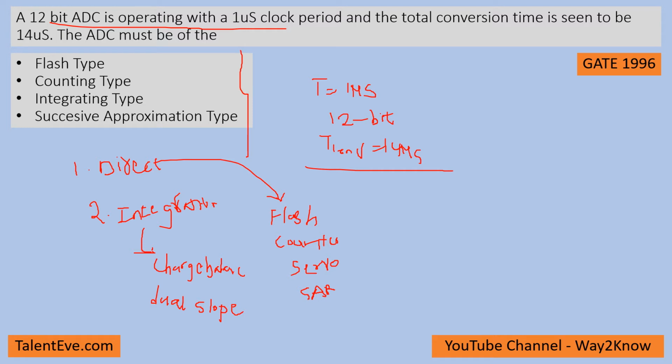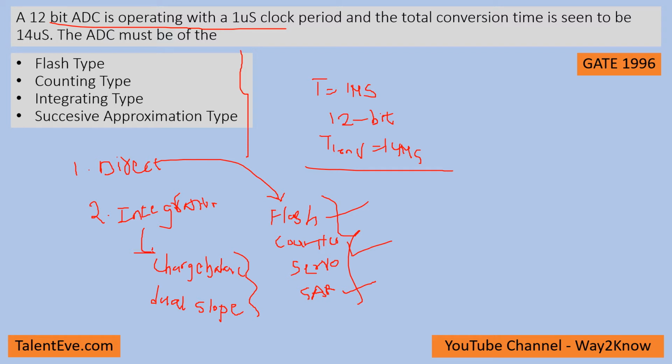Now here, if you see, there is flash, there is counter, there is integrating type, and then SAR. We have to find out which is the fastest. Now let us see which is the slowest among these.